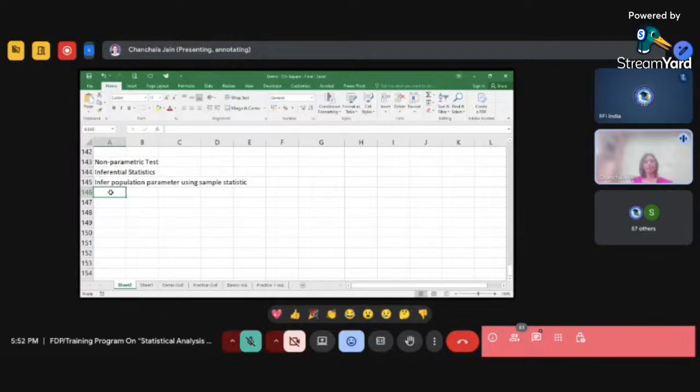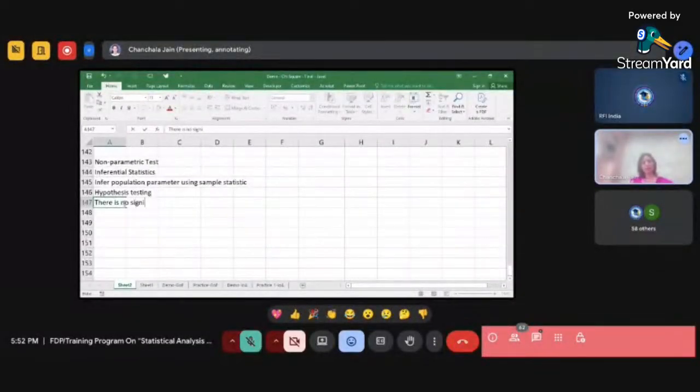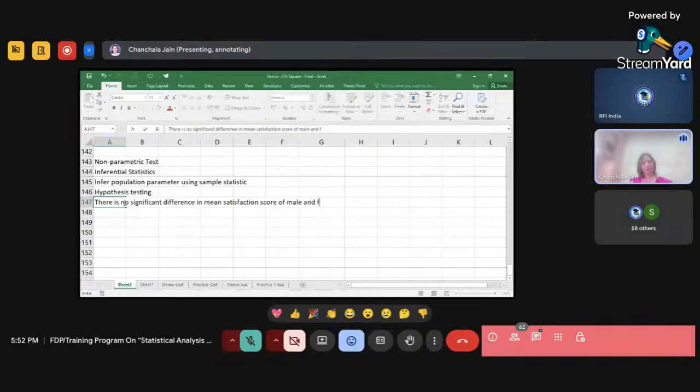Say, for example, I'm talking about hypothesis testing. In hypothesis testing, suppose I have made my hypothesis like this: there is no significant difference in the mean satisfaction score of male and female respondents.